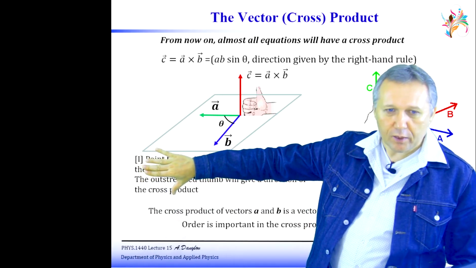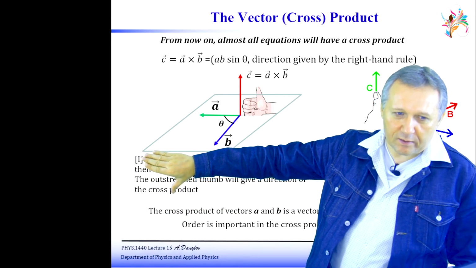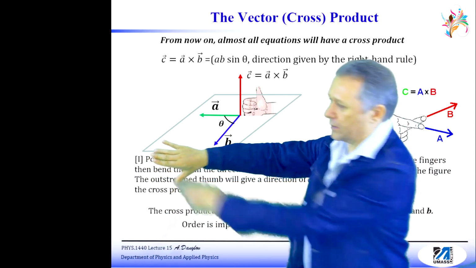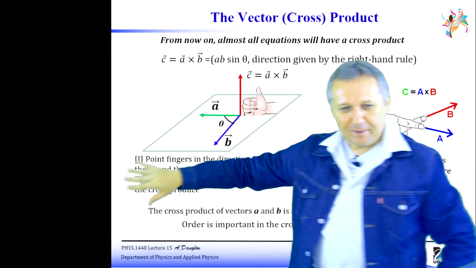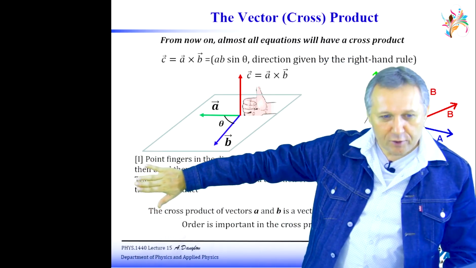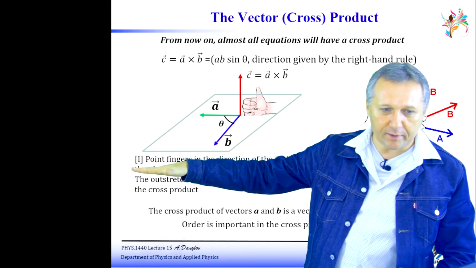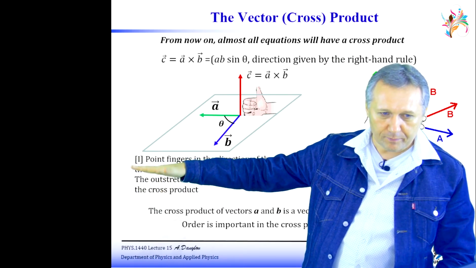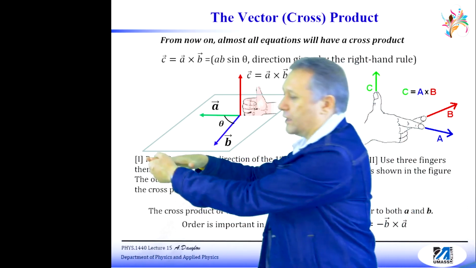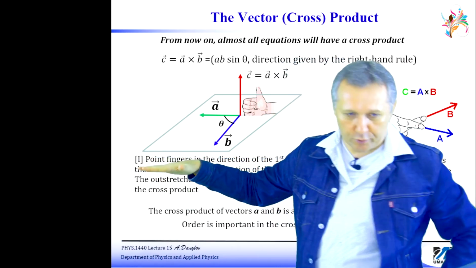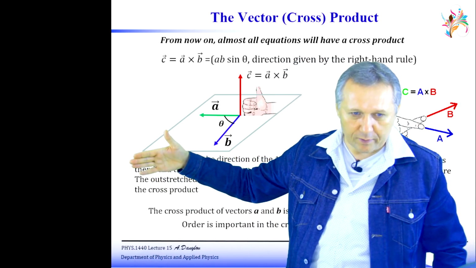I would need to ask somebody to do that for me, and that somebody would just break my fingers. Or if I position my hand like this, again, I cannot naturally bend my fingers towards you, only if I break them.